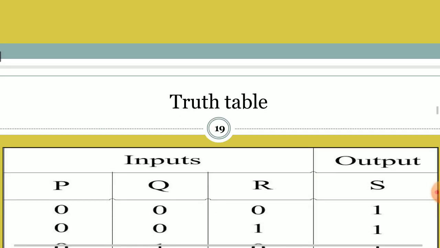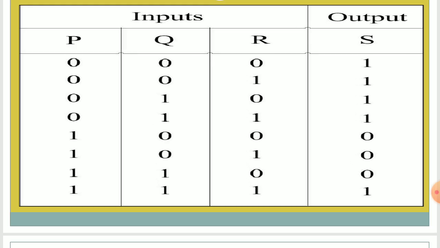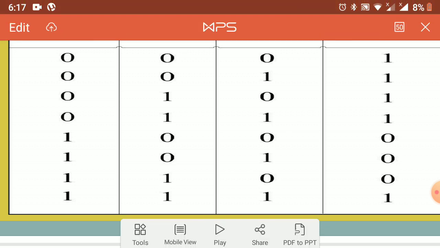So here in the truth table, for the first 4 terms from 0 to 3, P represents 0, that's why output S is 1 here. And for minterm 3 and minterm 7, that means the input combinations 0, 1, 1 and 1, 1, 1, represent a paper jam. That's why output is 1 here.